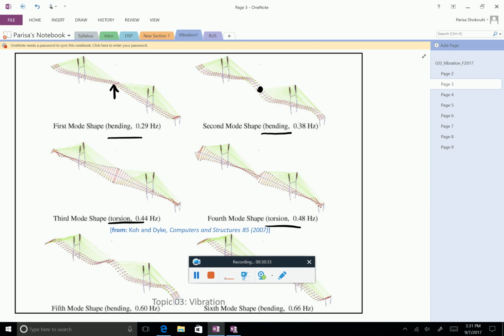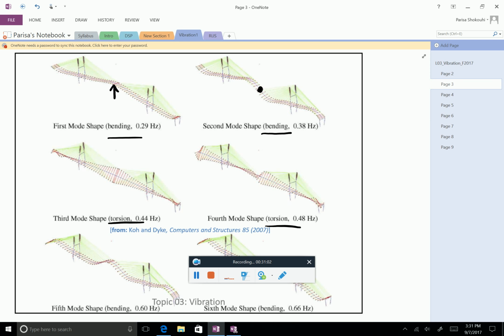If you are looking at a mode where that particular point has a very high displacement, whatever is related to that mode is related to the material properties around that location. I'm not sure I said what I wanted to say, but different modes have different displacement distributions throughout the structure.